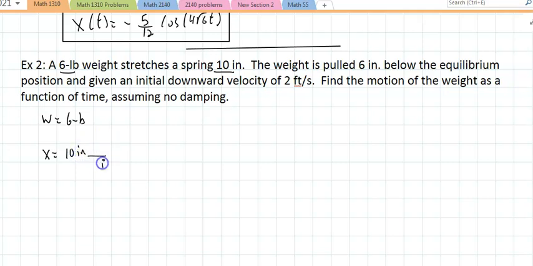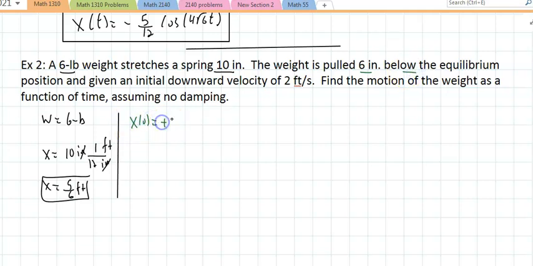Again, you could write that every time if you really want. I'm going to start skipping that from the next problem. So if you divide by 2, the initial is 5/6 of a foot. That's the actual stretch. That's the first piece of information that I need. The second one, the weight is pulled 6 inches below. X of 0 is positive 6 inches, which is half a foot.